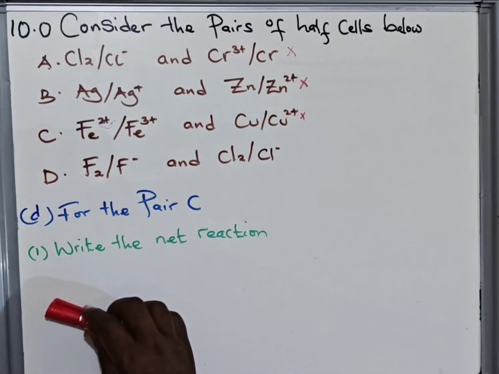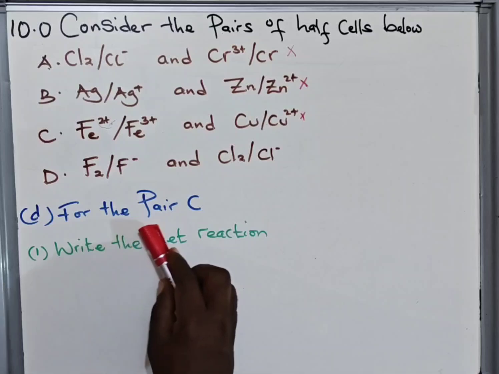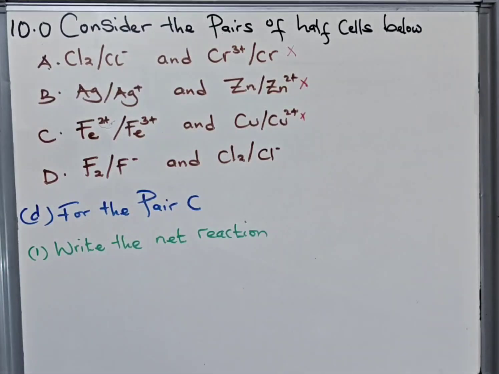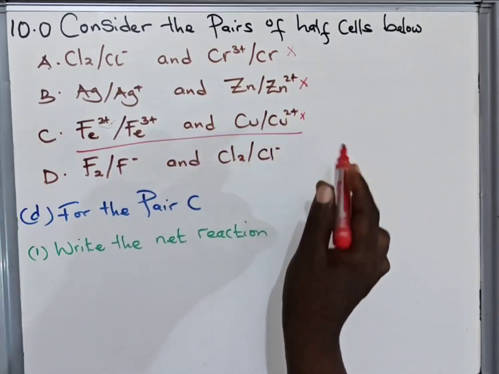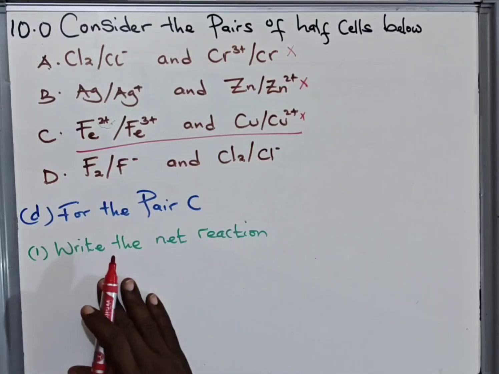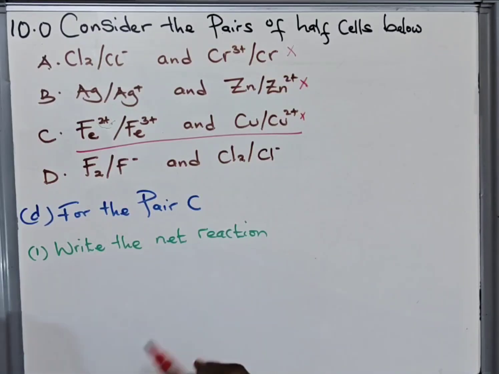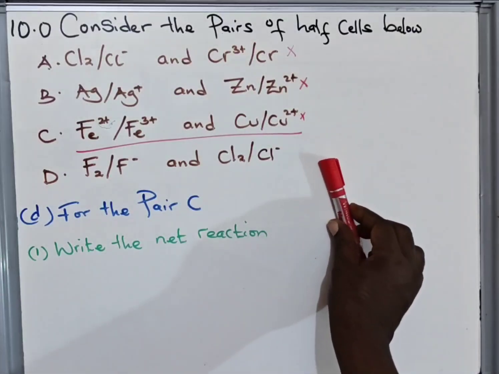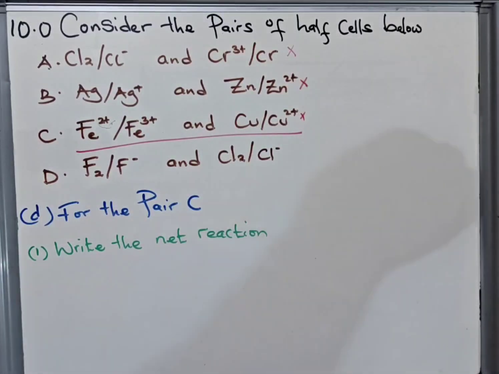Yeah, then comes this question. It says that for the pair C, okay, this is the pair we are referring to, write the net reaction. So what is the net reaction here? To accomplish this, you have to know that you need to have the half reactions. And to have the half reactions, you need to identify which one is the anode and which one is the cathode.